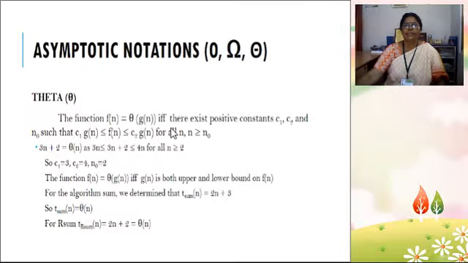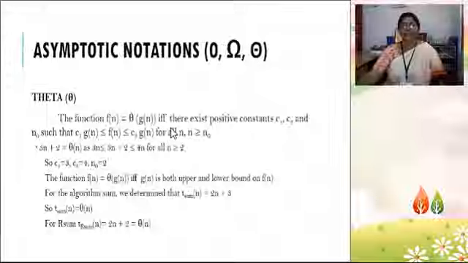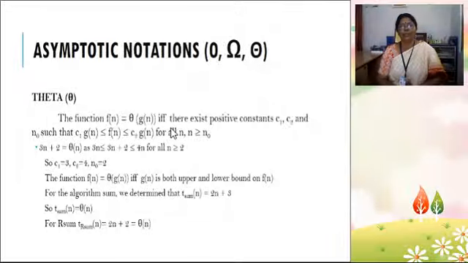Hope you understand the three types of asymptotic notations. Big O specifies the upper bound, omega specifies the lower bound, theta specifies both the lower and upper bounds. So the time complexity of the algorithm will be between these two limits, between the lower bound and the upper bound. We are specifying both the lower as well as the upper bound.